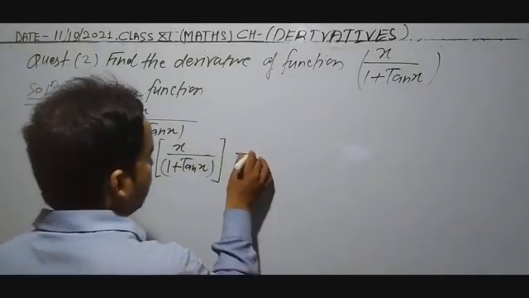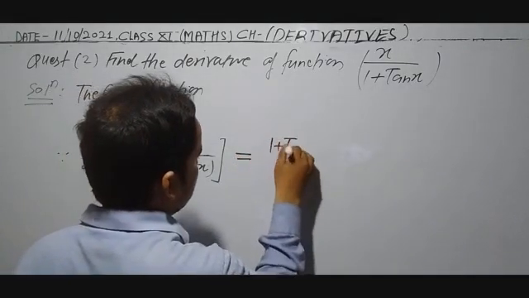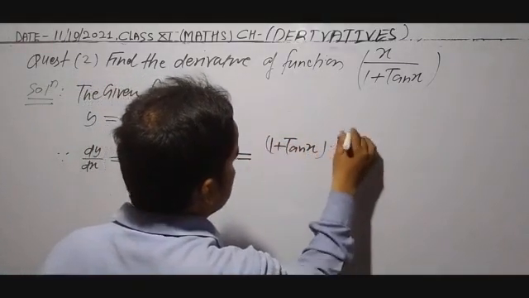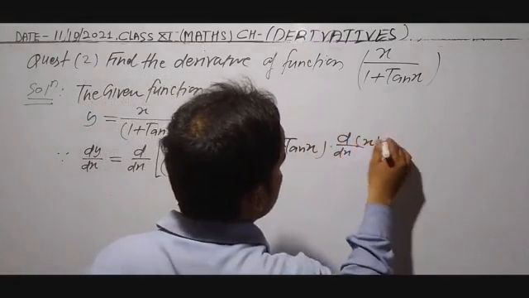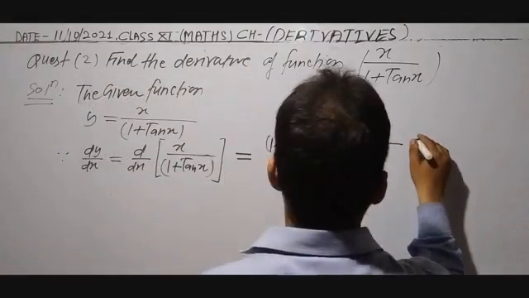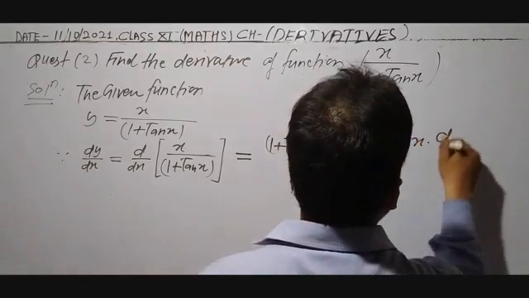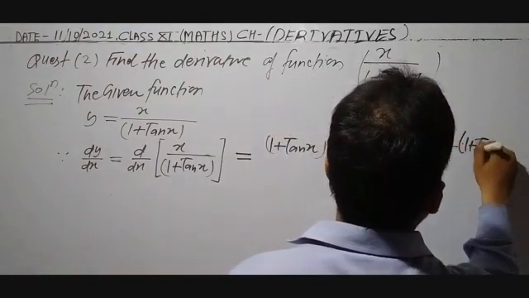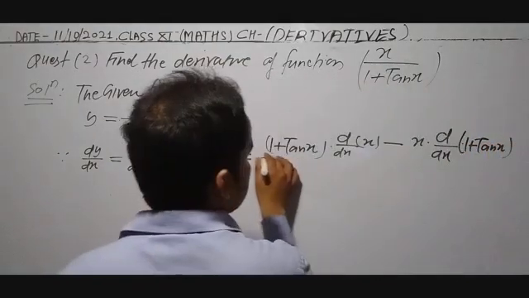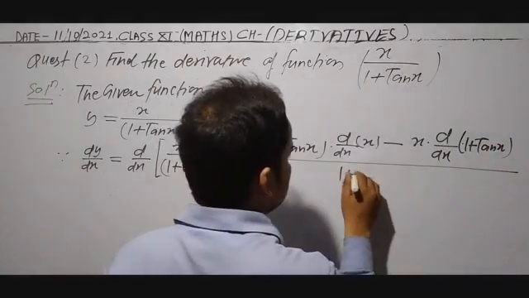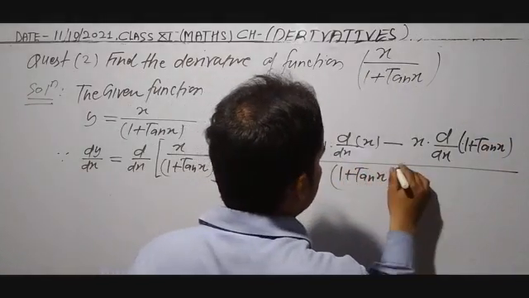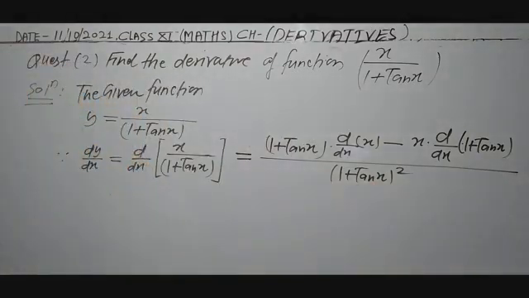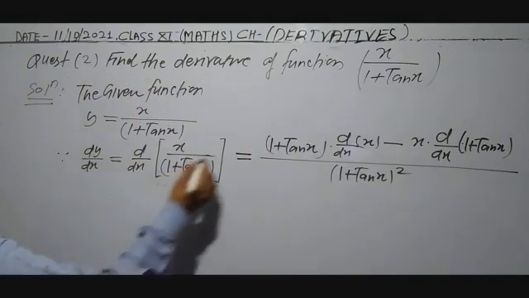Now this one we can write g(x) into d by dx of f(x) minus f(x) into d by dx of g(x), whole upon g(x) whole square. This is the quotient rule format.